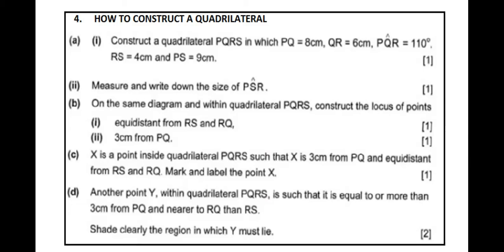B, on the same diagram and within quadrilateral PQRS, construct the locus of points which are 1, equidistant from RS and RQ, 2, 3 centimeters from PQ. C, X is a point inside quadrilateral PQRS such that X is 3 centimeters from PQ and equidistant from RS and RQ. Mark and label the point X. D, another point Y within quadrilateral PQRS is such that it is equal to or more than 3 centimeters from PQ and nearer to RQ than RS. Shade clearly the region in which Y must lie.